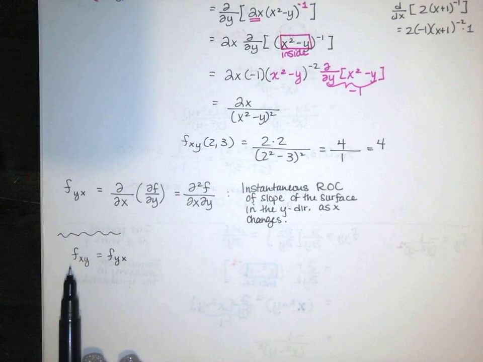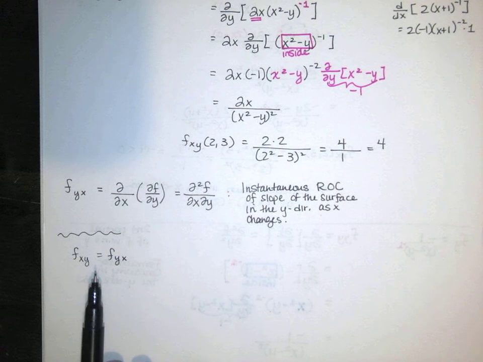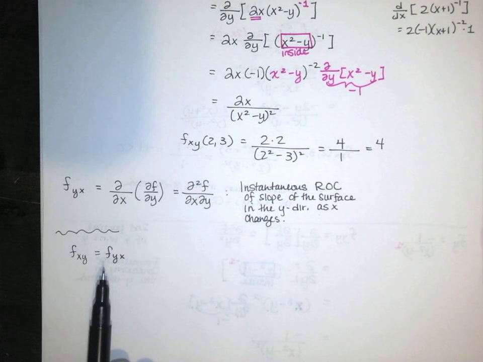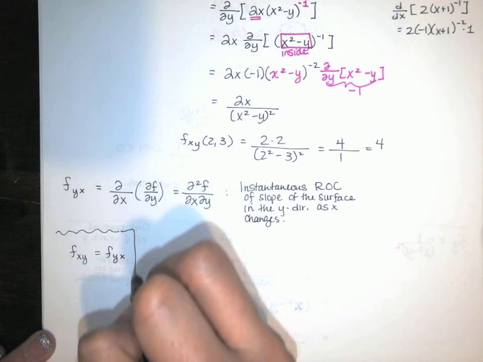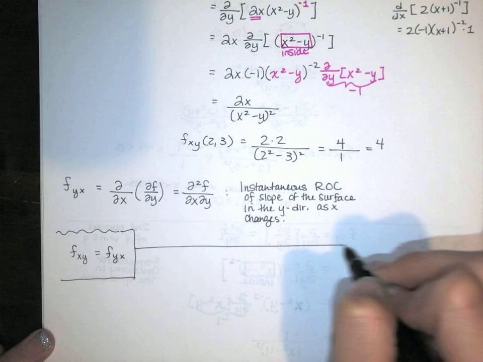So if you take the derivative with respect to x and then y, it turns out to be the same as taking the derivative with respect to y and then x every time. Let's verify that for the example function.